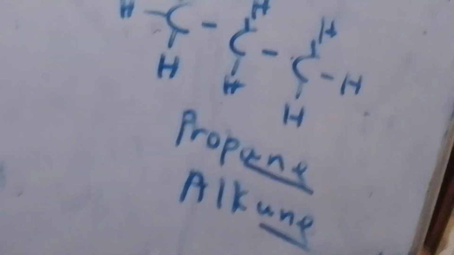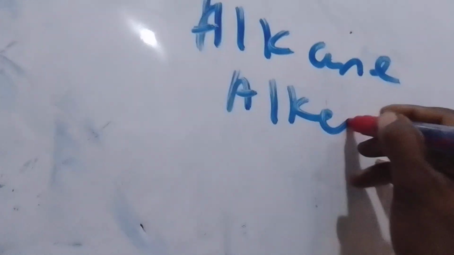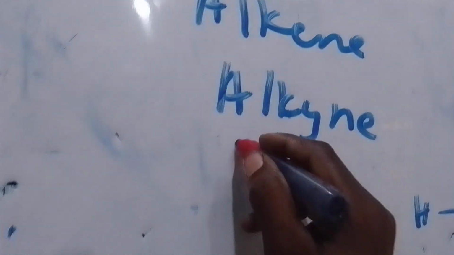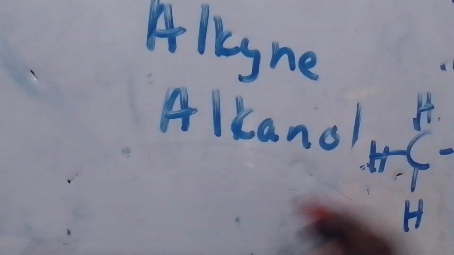Recall, when we are talking about organic compounds, we are talking about the compounds of carbon and many elements. Now, we have families of organic compounds like the alkane, the alkene, the alkyne, the alkanol, and many other ones.